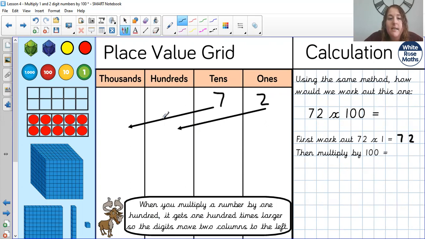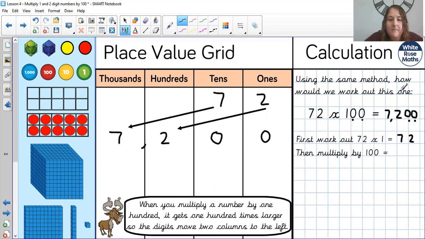So my 7 is going to go into my thousands. My 2 is going to go into my hundreds. And then I add those 2 space saver zeros. And I can pop my comma in to help. So 72 times 100 is 7,200.